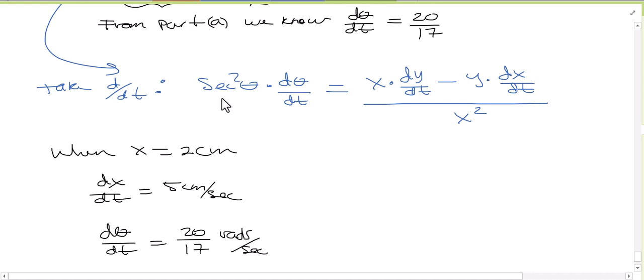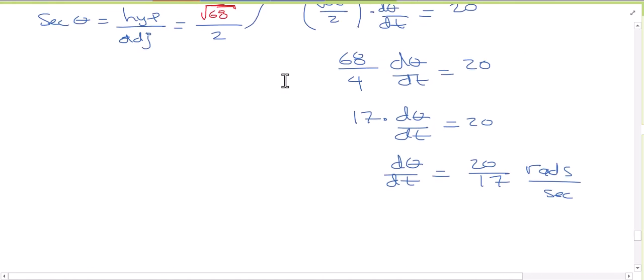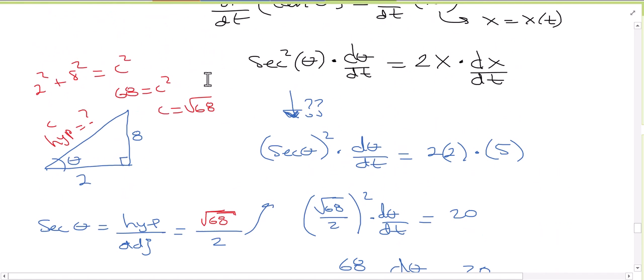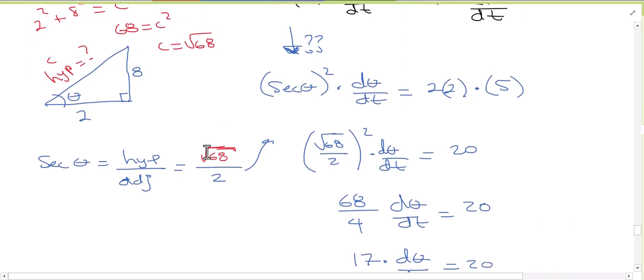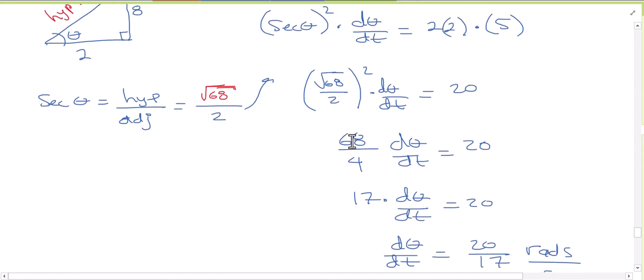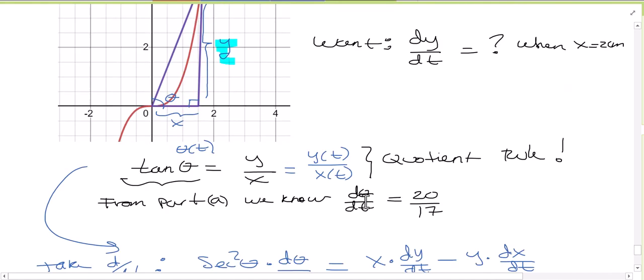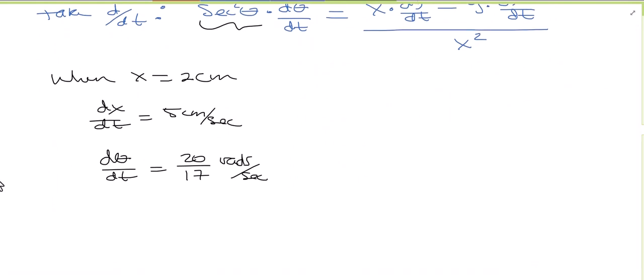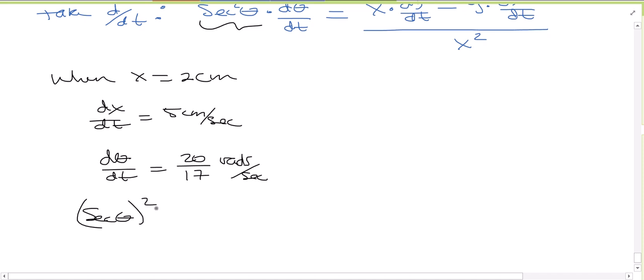And we also knew secant of theta, which we found in part A, was the square root of 68 over 2. So secant squared was actually 68 over 4, which was 17. So these two things were from part A.